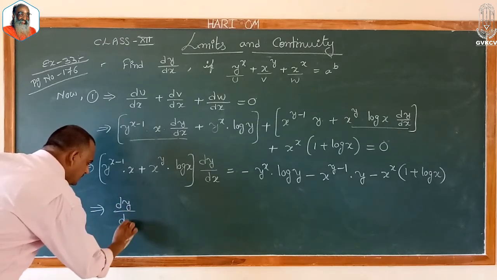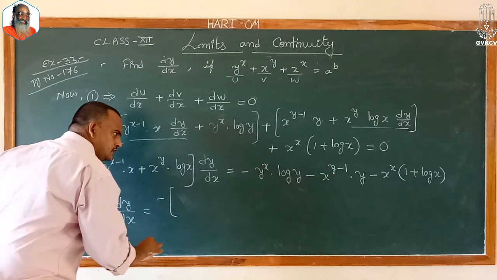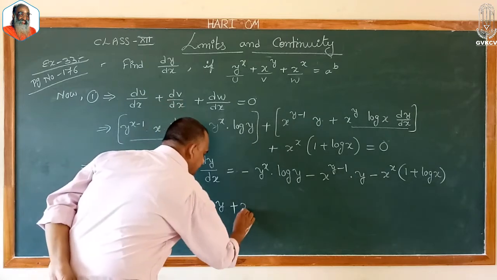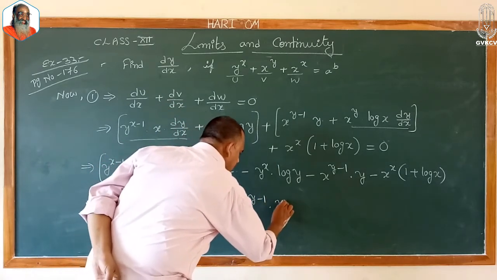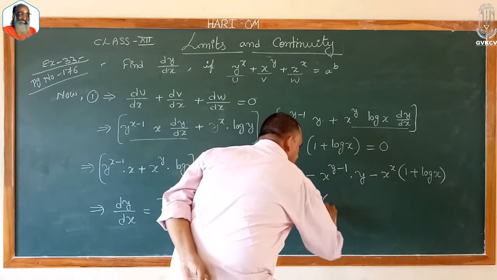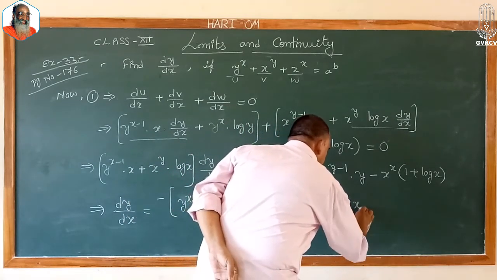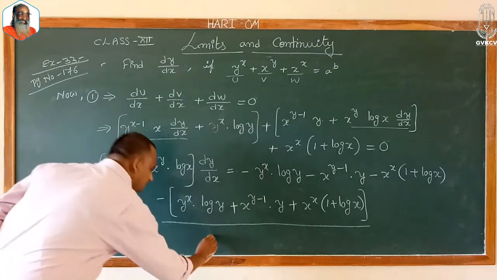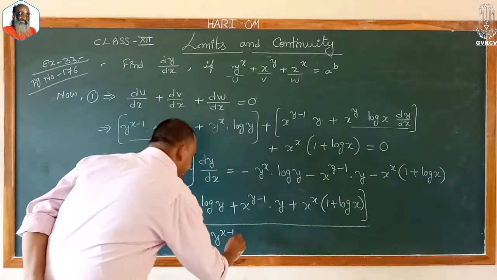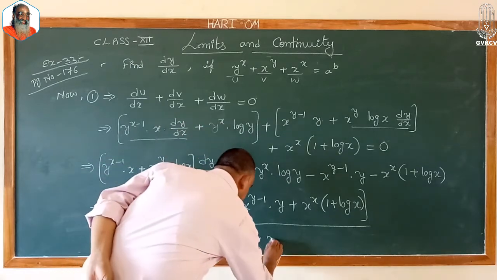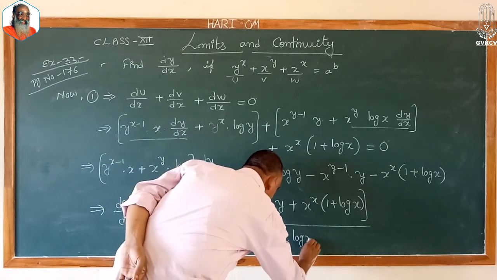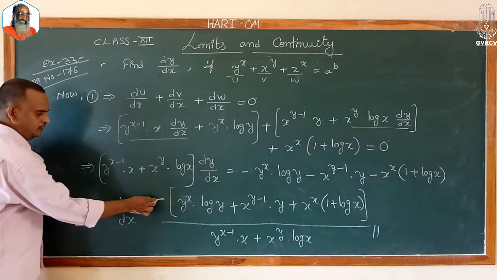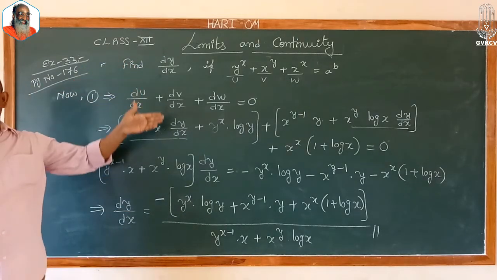So finally what I have, dy by dx is equal to minus of y power x into log y plus x power y minus 1 into y plus x power x into 1 plus log x, by, and this term comes here in the denominator, y power x minus 1 into x plus x power y into log x. This is the derivative dy by dx.